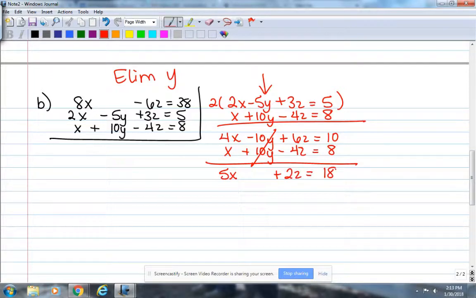So now this equation, this original one right here on top doesn't have a y. And this one doesn't have a y. So now we have 2 equations that have x's and z's. So we're going to put those 2 together. So what this has done, since they left out a variable, is they actually saved us 1 step. A big step, a long step.